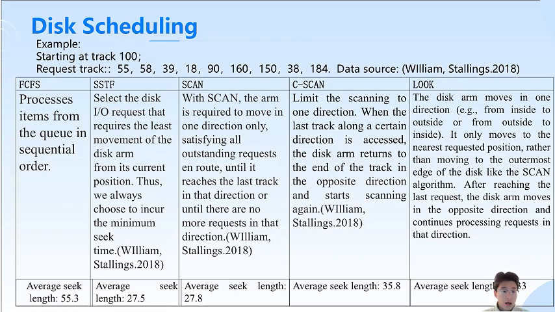And here you can see SSTF, SCAN, C-SCAN, and LOOK. And for the result, you can see the average seek length. When we use these disk scheduling algorithms, you can see the different average seek lengths. Here you can see SSTF, which creates the shortest average seek length.